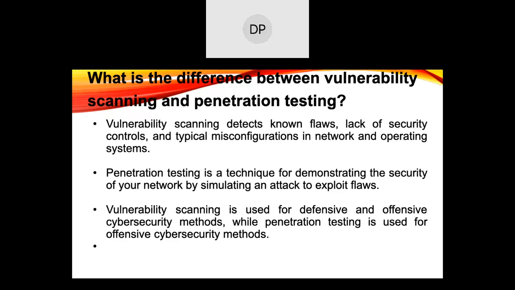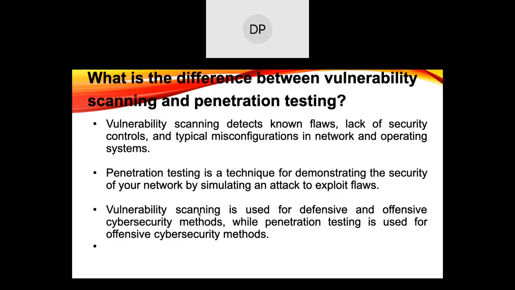Vulnerability scanning detects known flaws, lack of security controls, and typical misconfiguration in network and operating system. But penetration testing is a technique for demonstrating the security of your network by simulating an attack to exploit flaws.